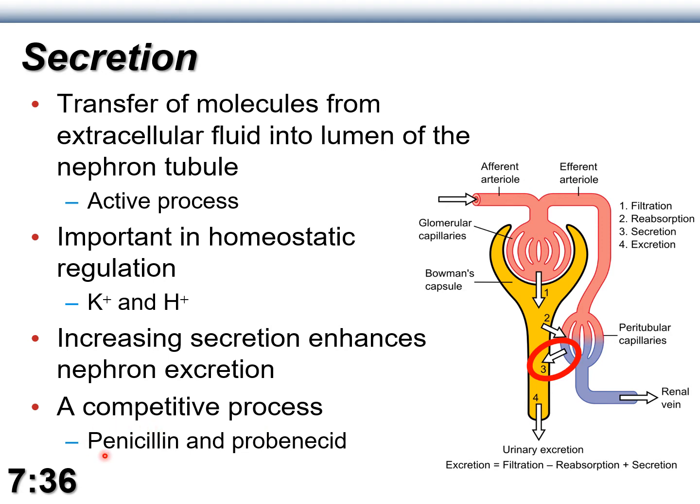What happens is penicillin gets actively secreted out of the bloodstream by these transporters that we're going to talk about, and probenecid acts as an inhibitor of those transporters, which means penicillin stays in the blood longer and is more effective. So it can be a beneficial thing if you know how to take advantage of it, or it can be a potentially toxic thing if you have an issue with the transporters being inhibited by something that's fundamentally toxic.